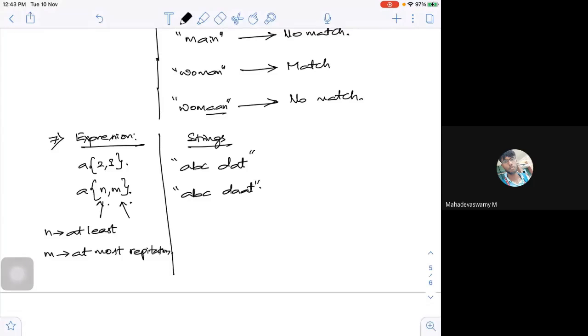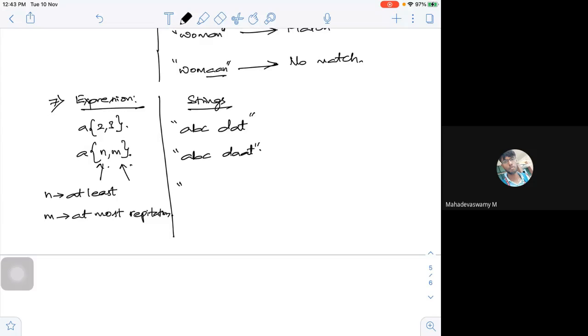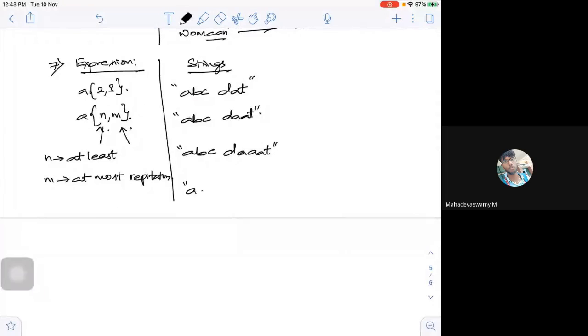A, B, C, D, A, T, and the second one, A, B, C, D, A, A, T. The third, I'm going to repeat 3 times, and the fourth one, one more example, A, B, C, D, A, T. I'm giving some examples.